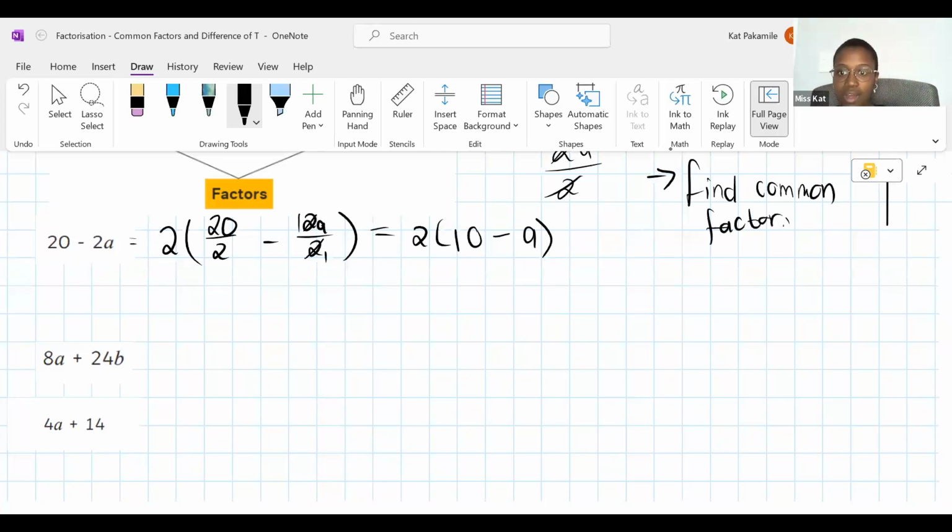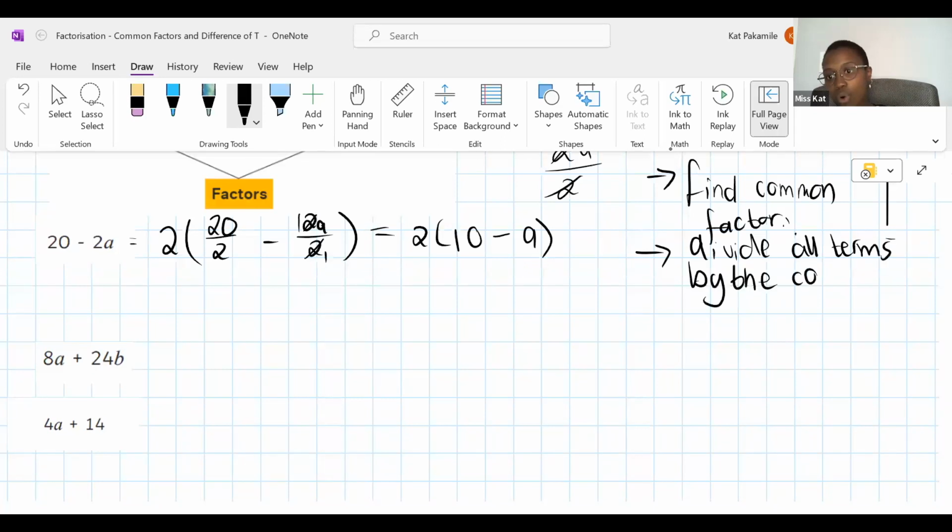And then you're going to divide all terms by that common factor. Okay, and it is as easy as that.